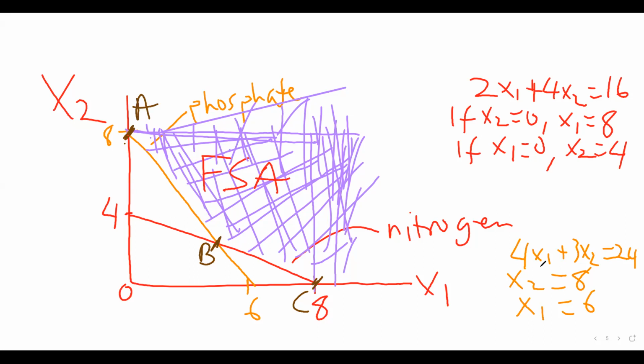Okay, so let's go back to the constraints. The constraints are, if you can remember, 2x1 plus 4x2, and we are told that it's supposed to be greater or equal to 16.